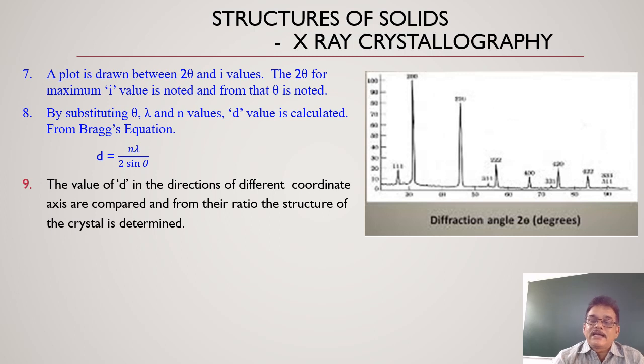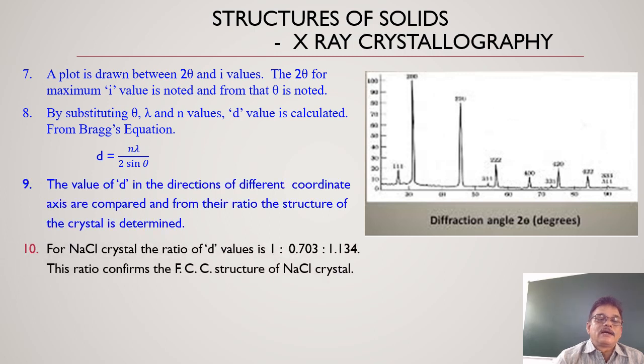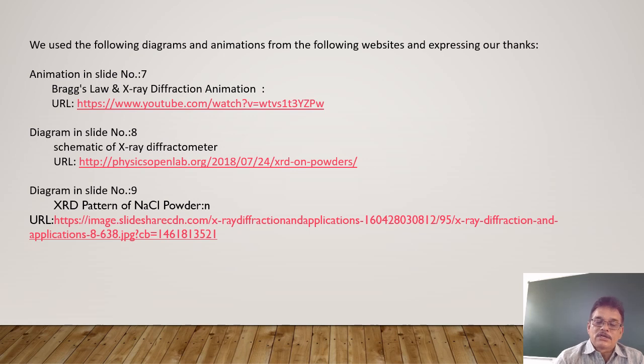Since the interference is constructive, I is more. For which theta I is more, we calculate from this graph. So theta is calculated, and lambda, the wavelength of X-rays, is known. And n, the order of diffraction, is also known. By substituting theta, lambda and n values, the d values are determined.